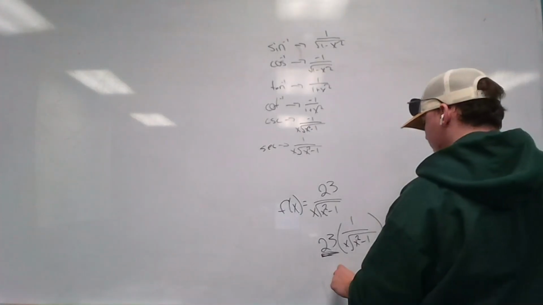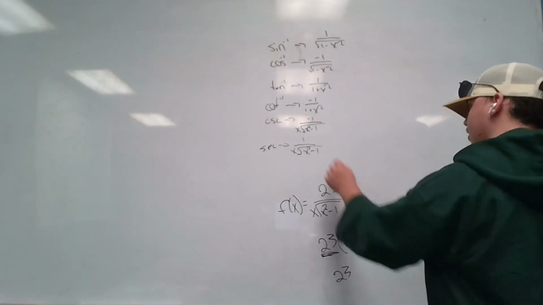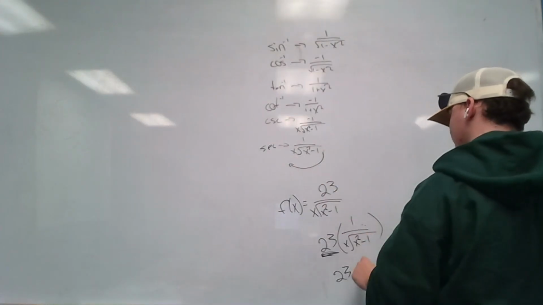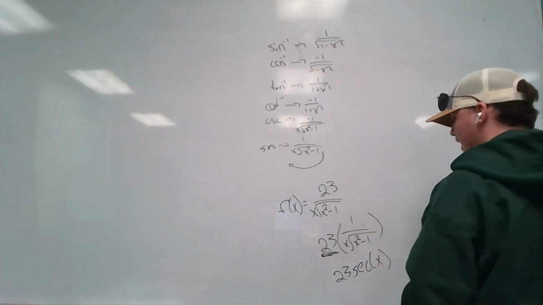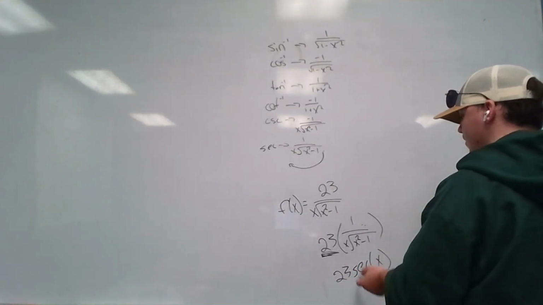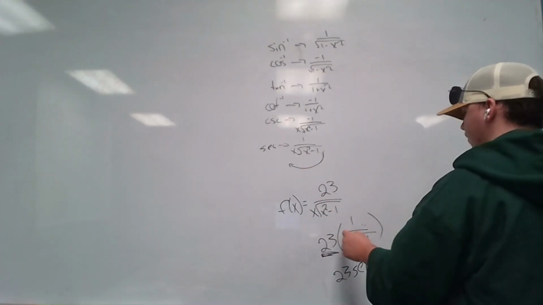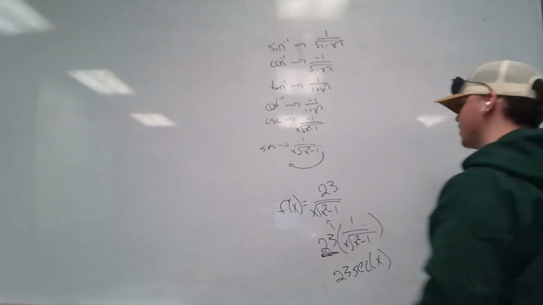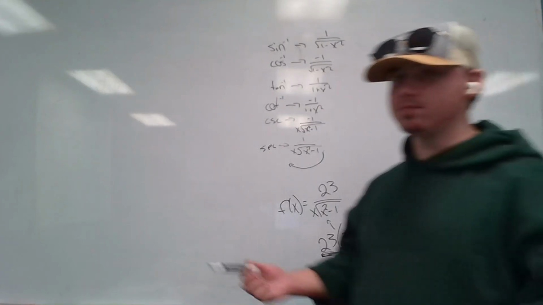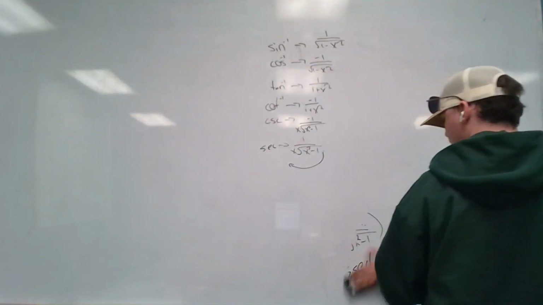So it's going to be 23, and the antiderivative of this, going back up here, is secant, so 23 secant x. And I can go back in time: 23 times the derivative of secant x, that's the derivative here, and then back upwards, 23 over x times the root of x squared minus 1. Easy. Now, let's introduce the actual rules.